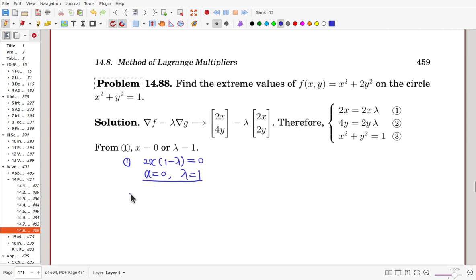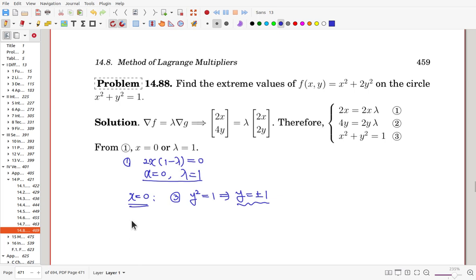If x equals 0, we start with this one. Now x is 0, then from the third equation, y squared must be 1, which means y is plus minus 1.